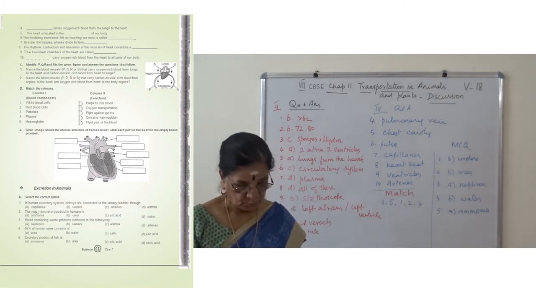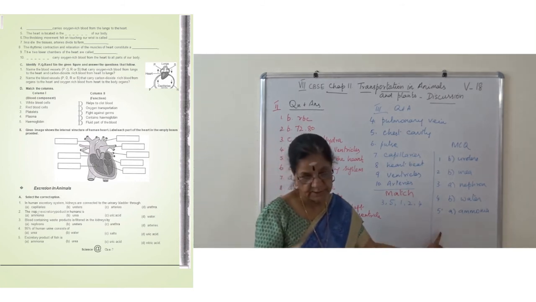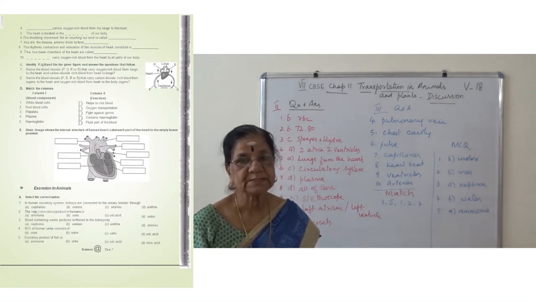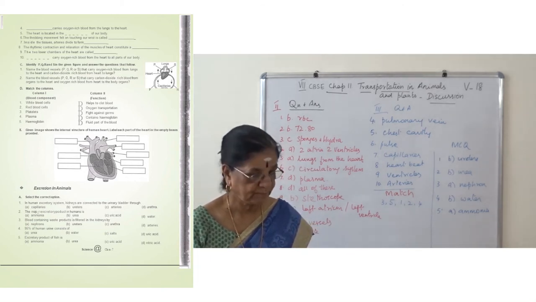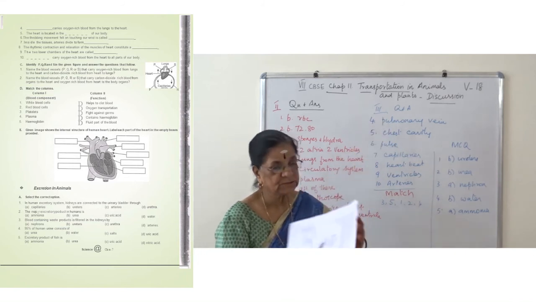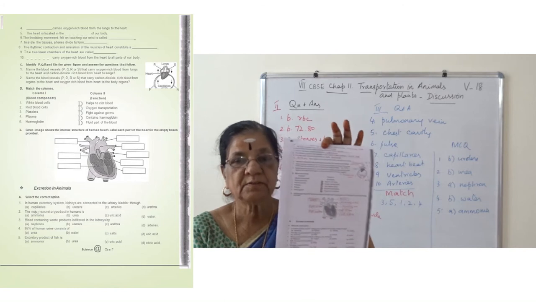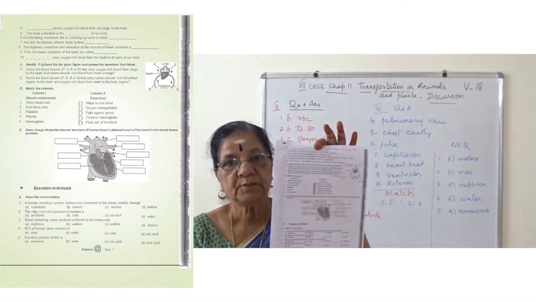The excretory product of fish is ammonia. I hope you understand. The answer to the third question, you can see in the video on the screen. Are you clear?